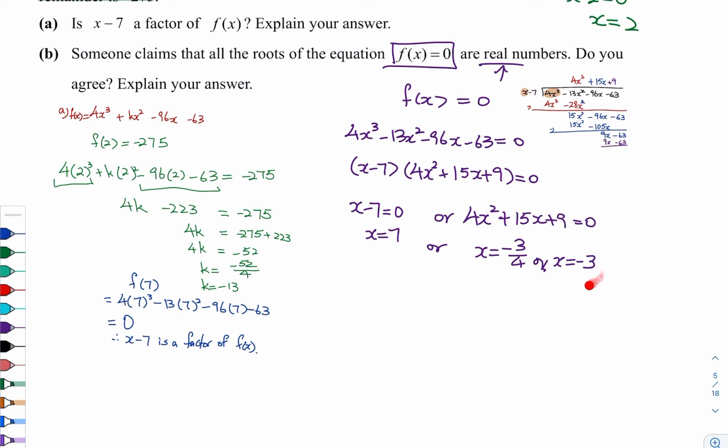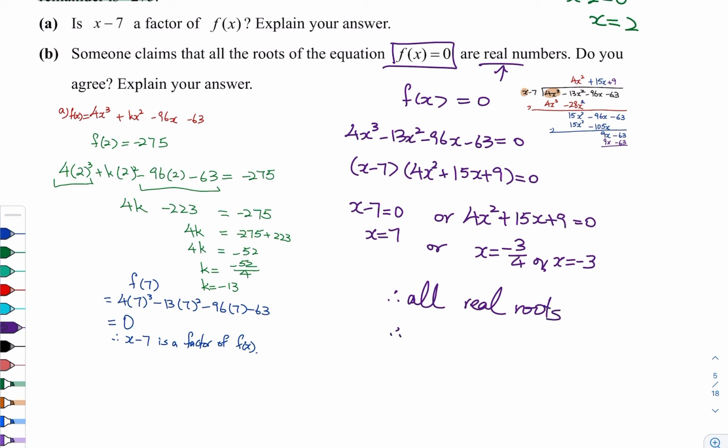So these are all real numbers. If you could not get the answer for this part, then it will not be all real. This will still be real, but not all. This will have unreal solutions if this was giving you a math error or something else. Okay, cool. So because they are all real solutions, we will say all real roots.